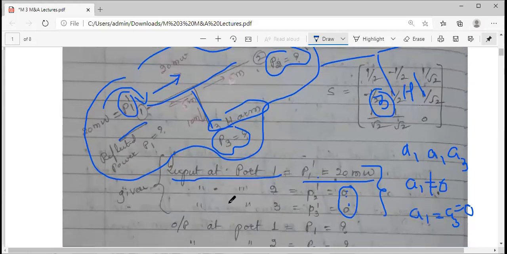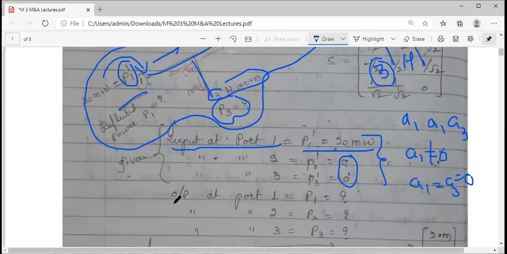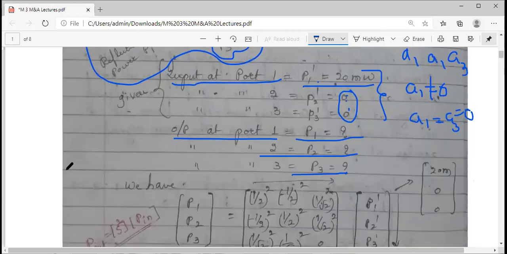Now, what do we need to calculate as output? The output at port 1, P1, and P2 and P3. These 3 things are to be calculated. I will make use of the equation which we have seen, B is equal to S into A, in matrix form.